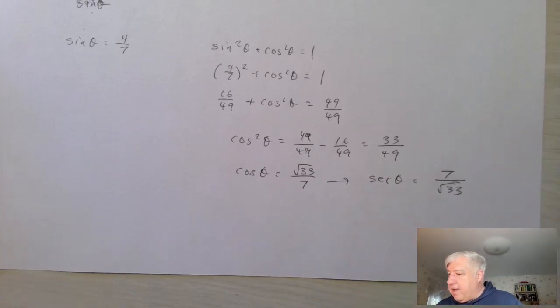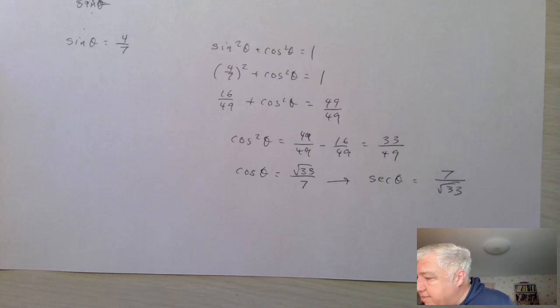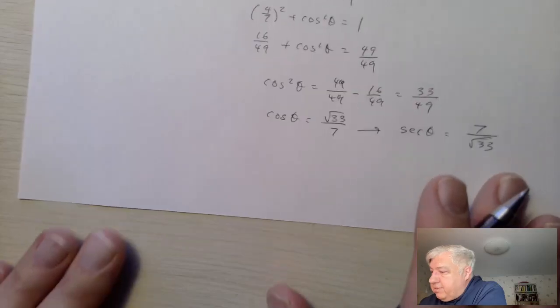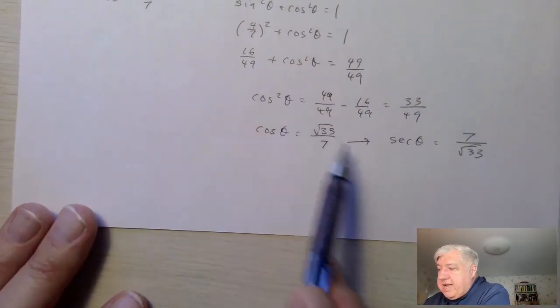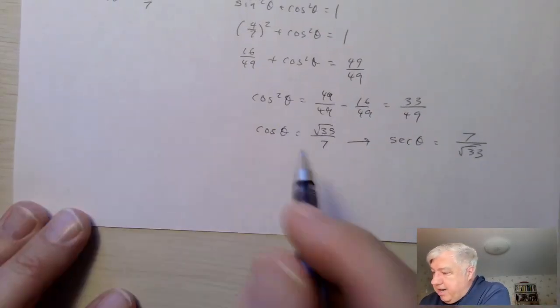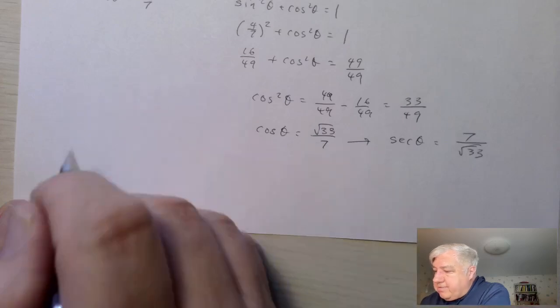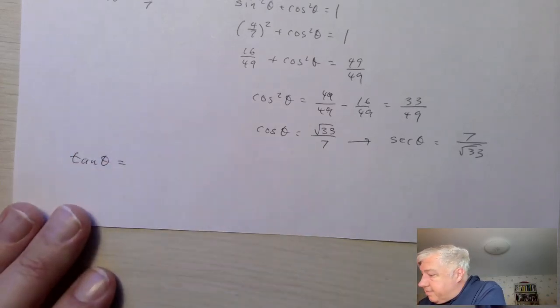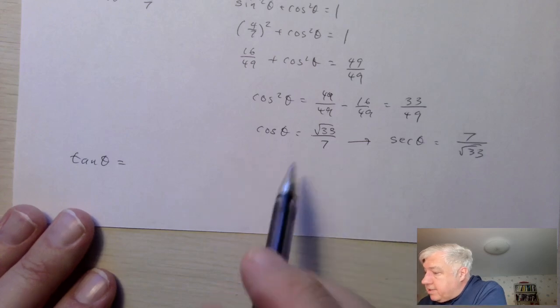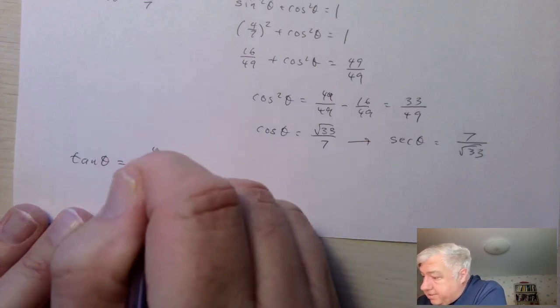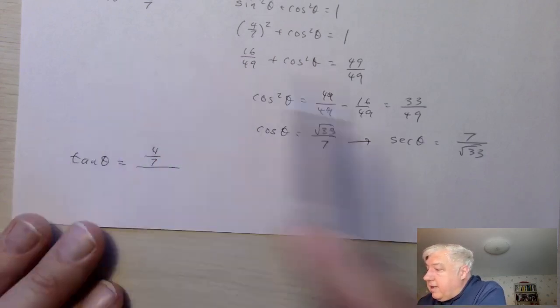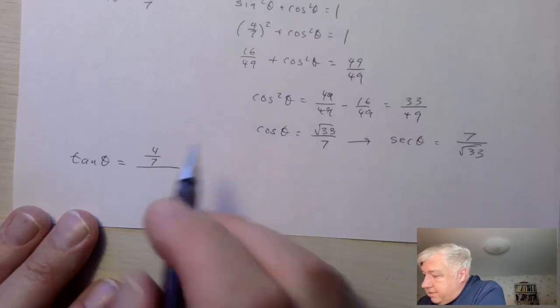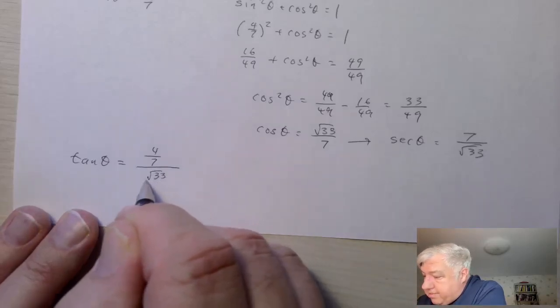Okay, and then the only other thing we have to do is find the tangent and the cotangent. We now know the sine and cosine, so we can just write everything in terms of sine and cosine. So the tangent of theta is the sine, 4/7, over the cosine, square root 33 over 7.